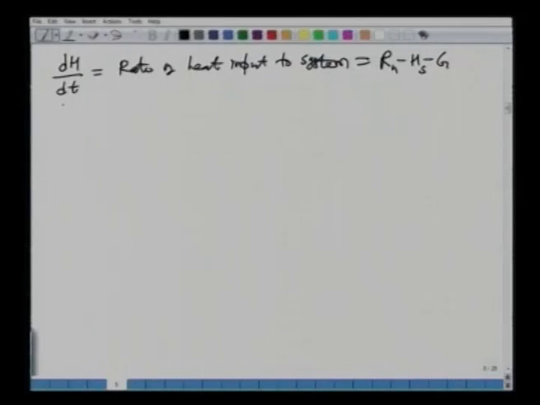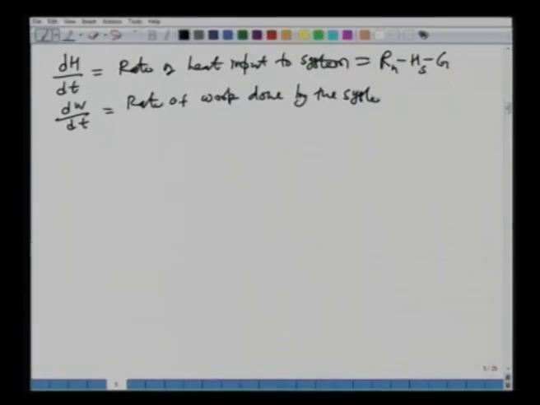So, this is the net rate of heat input from the external sources, we have it on the left hand side. What was the dW by dt term? It is the rate of work done by the system. Now, I would like to spend maybe a minute on this quantity dW by dt.